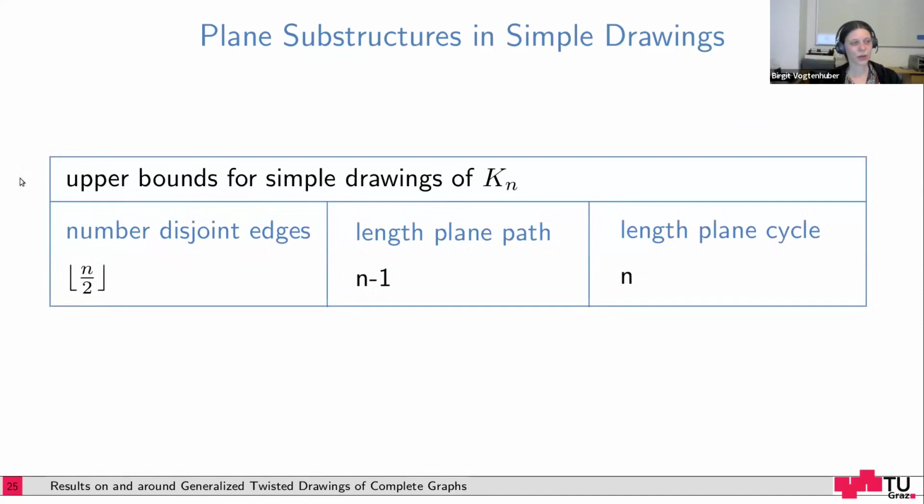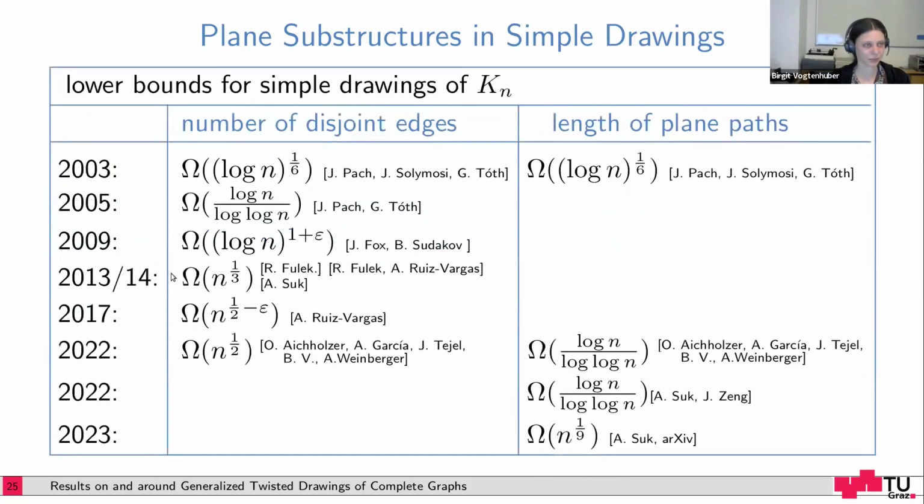So all the upper bounds that we have for simple drawings of Kn due to these conjectures are n half disjoint edges, the length of a plane path being at most n minus 1, and the length of a plane cycle being at most n. However, the lower bounds that we currently know are pretty far from that. Here's a short bibliography on lower bounds.